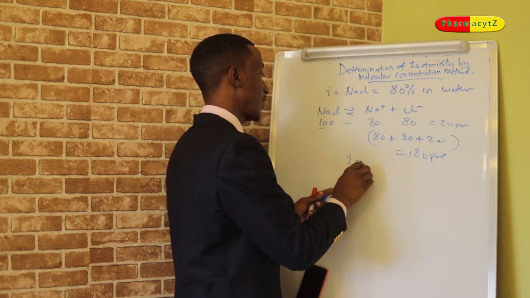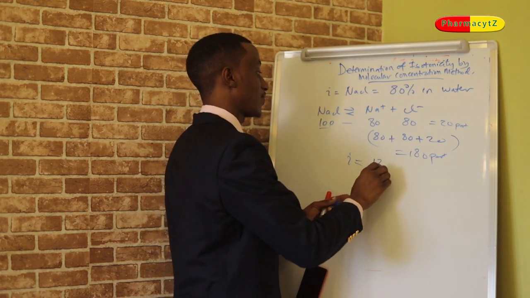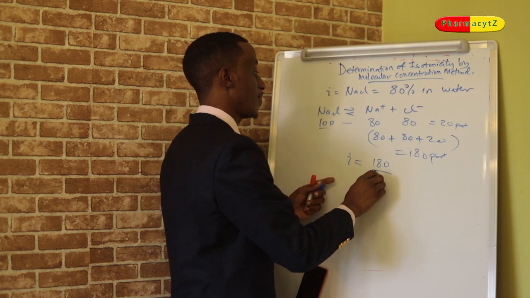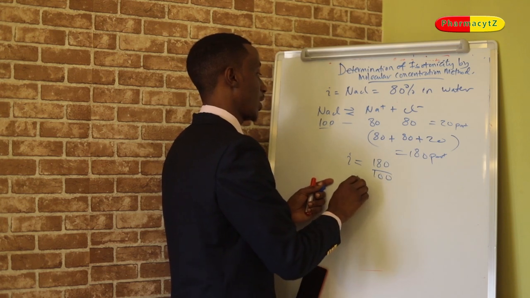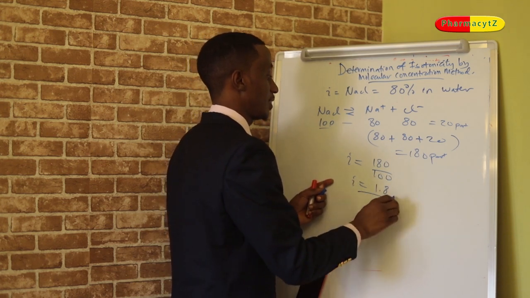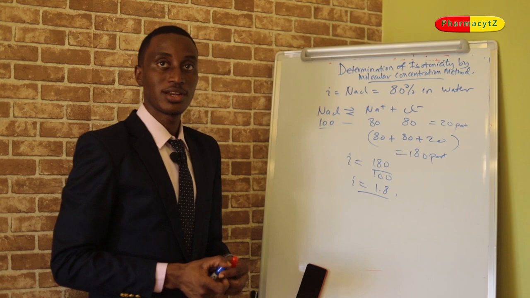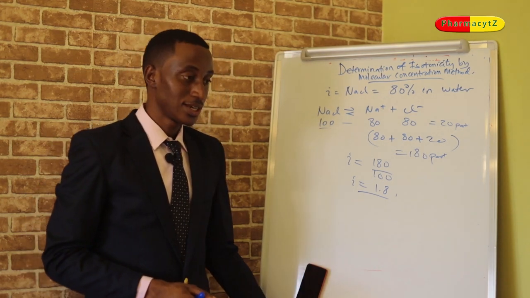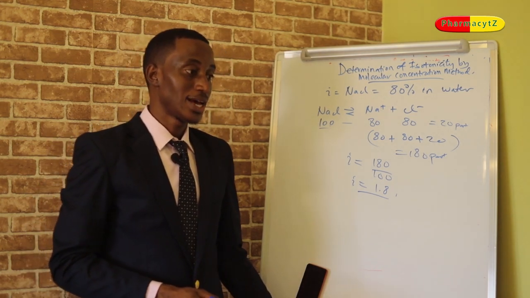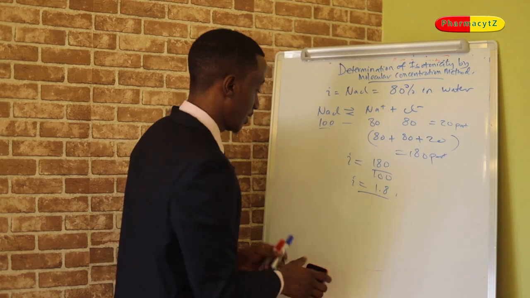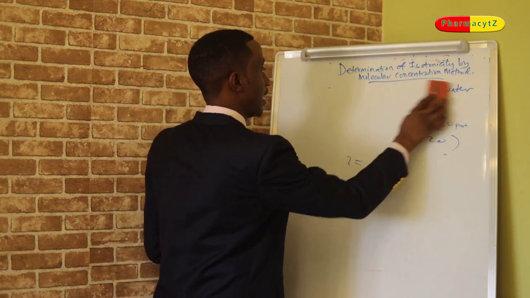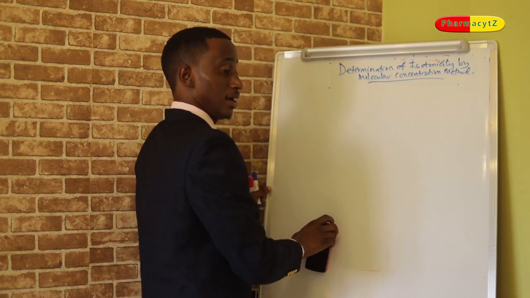So the dissociation factor is the total particles after reaction, 180, divided by particles before reaction, 100, giving 1.8, and that is the dissociation factor. Let's check another example, then we move to the other concept.